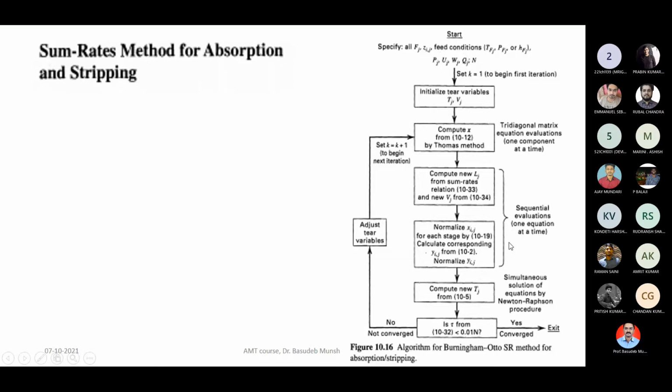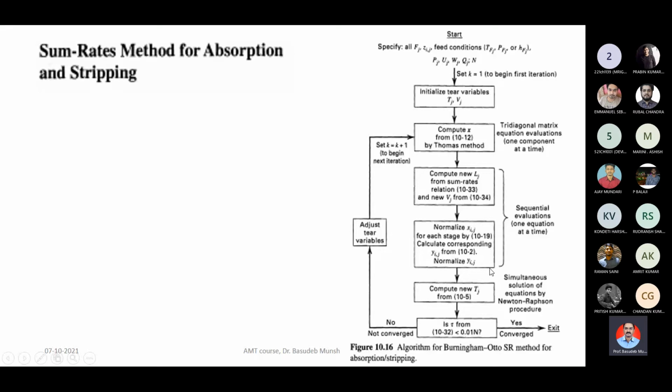For an ideal solution, Kij equals Pij sat divided by P. If it is a non-ideal solution, which is true in most cases, then you use gamma ij there: Kij equal to gamma ij into Pij sat divided by the total pressure of any particular stage Pj. So Kij you have, then you directly calculate Yij.